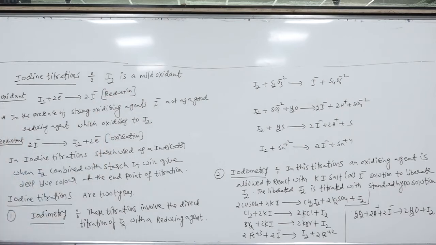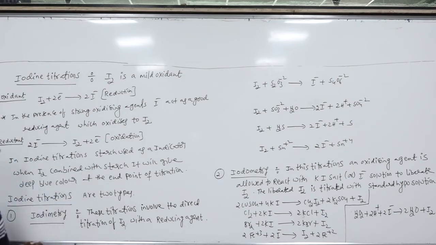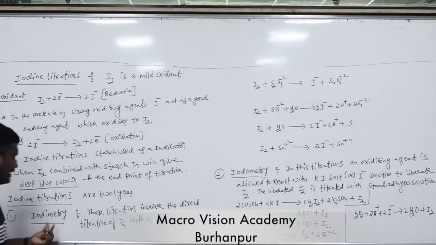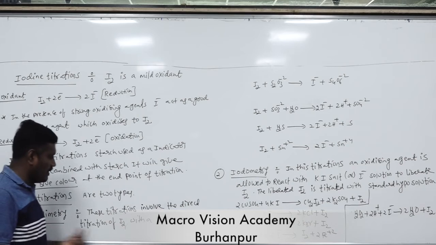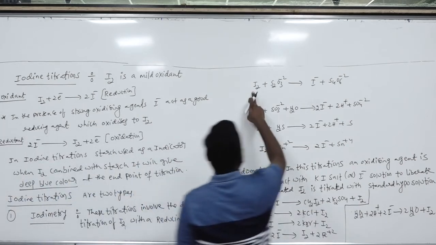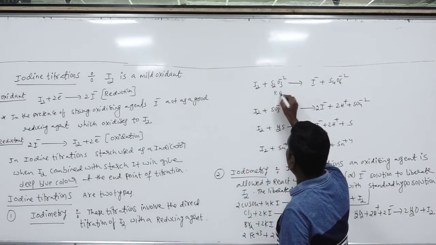Okay. Now, in iodine titration, we use starch as an indicator. When starch combines with iodine, it will give a deep blue color due to complex formation at the end point. Now, iodine titrations are divided into 2 types: iodimetry and iodometry. Iodimetry titrations are directly involved with I2. That means we have iodine, we have thiosulfate. Thiosulfate is a reducing agent.